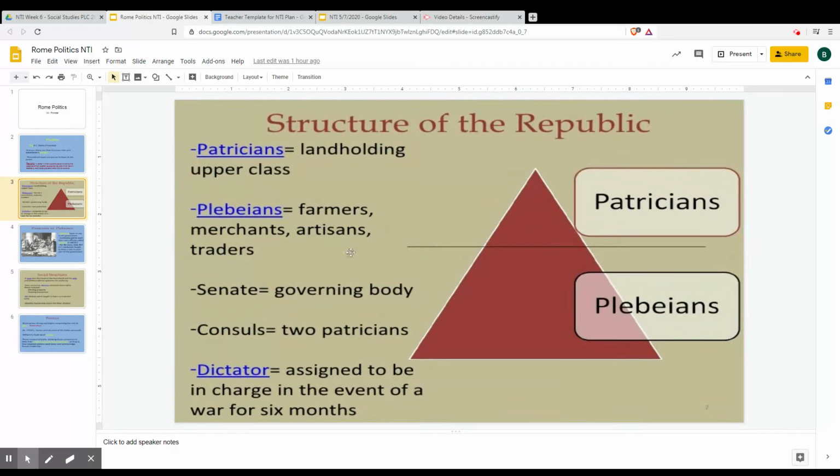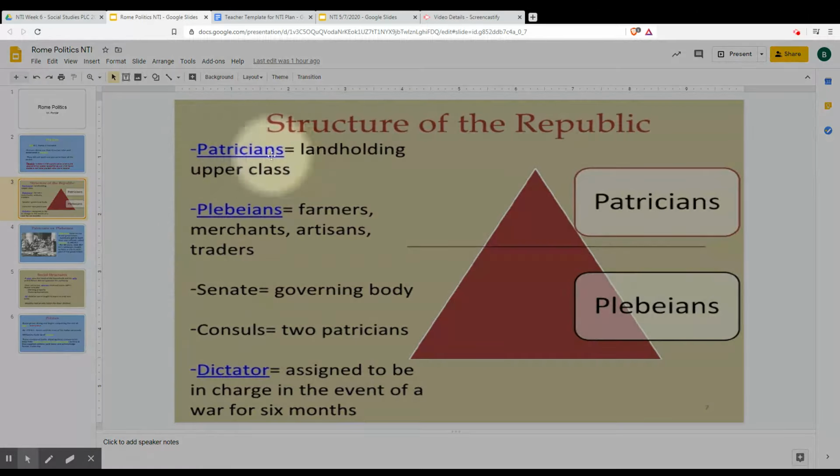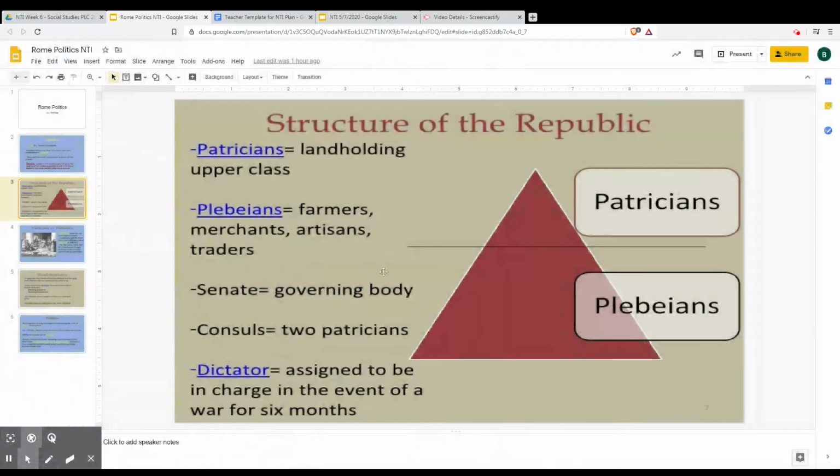So for the Romans, their government structure is there were the patricians who were the land holding upper class. So these were the rich people. And then there were the plebeians who were the farmers, merchants, artisans, and traders. So there were different levels of plebeians, but we don't need to go into that.